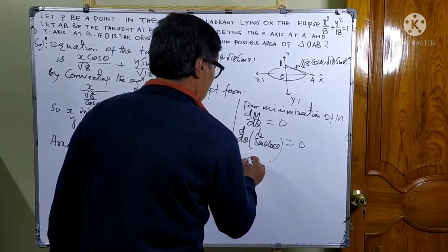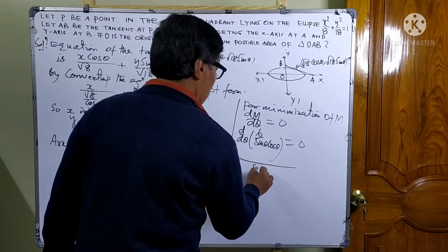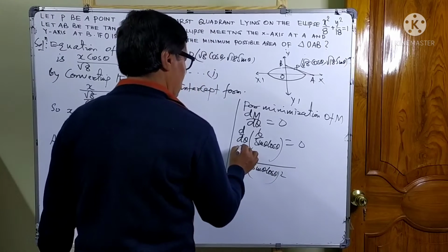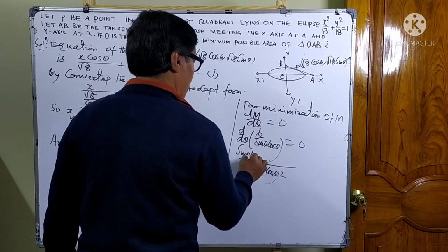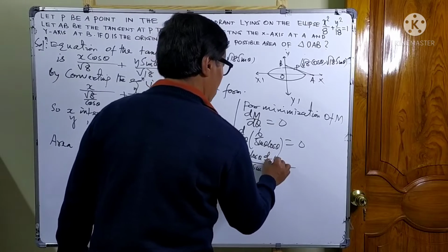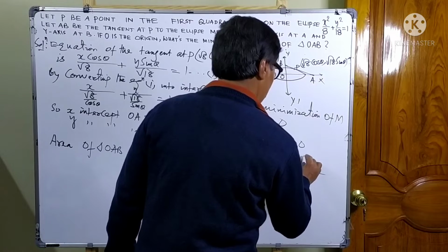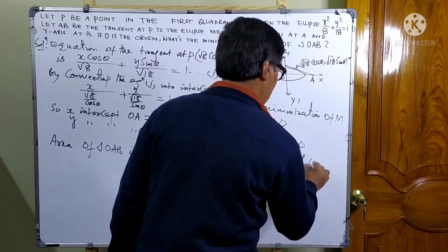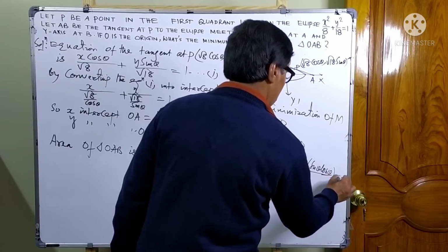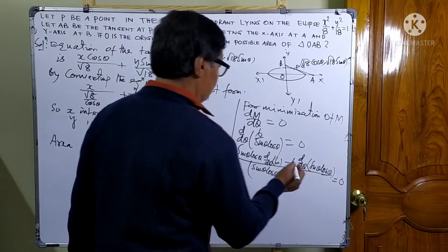This differentiation is: the denominator, sin theta cos theta square, multiplied by the derivative of the numerator, minus numerator into derivative of denominator sin theta cos theta. This is the rule for differentiation of a function in the form of division.